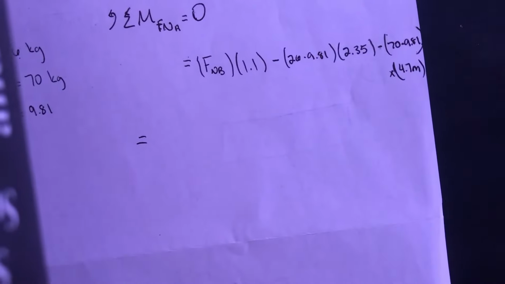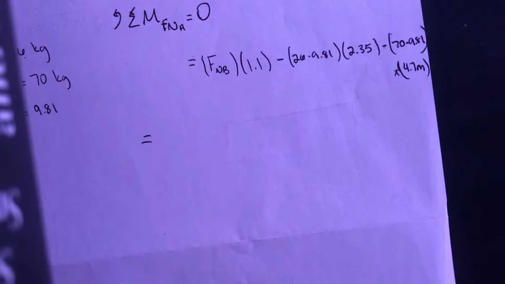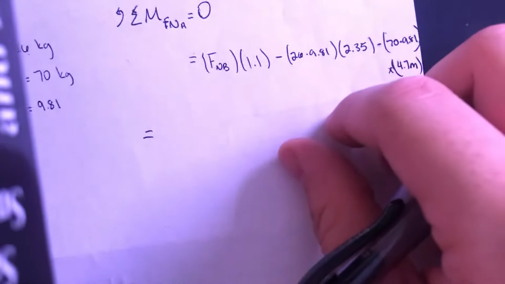So 26 times 9.81 comes out to be 255.06.